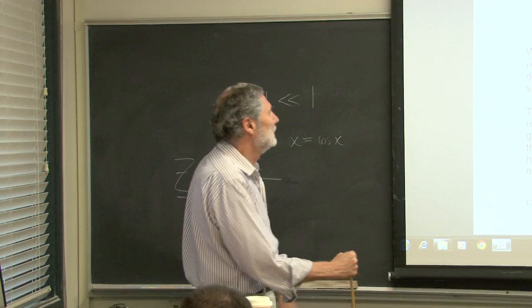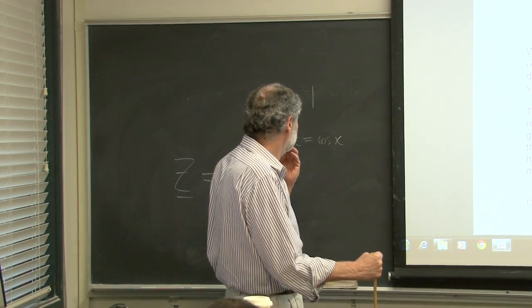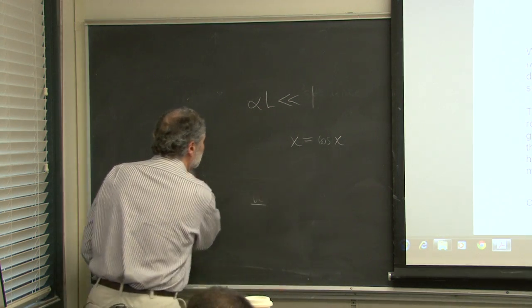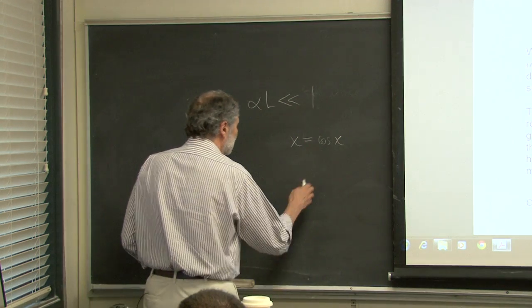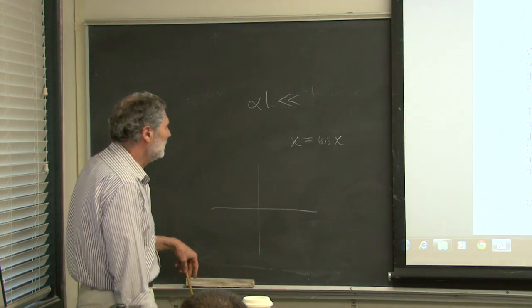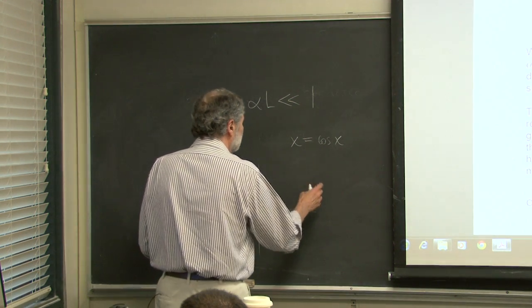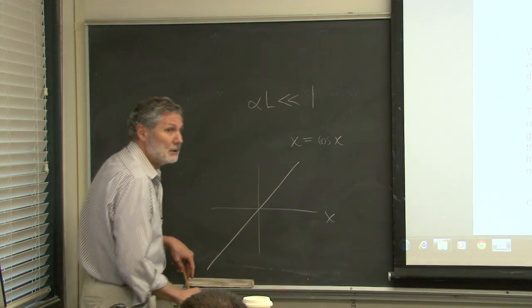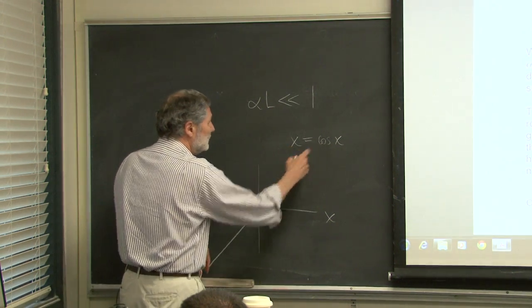So anyway, if you want to consider this, and this is appropriate for what we're going to do, if I'm looking for solutions like that, the natural thing I would do is think of this function. This function looks like this, right? And what does this look like?